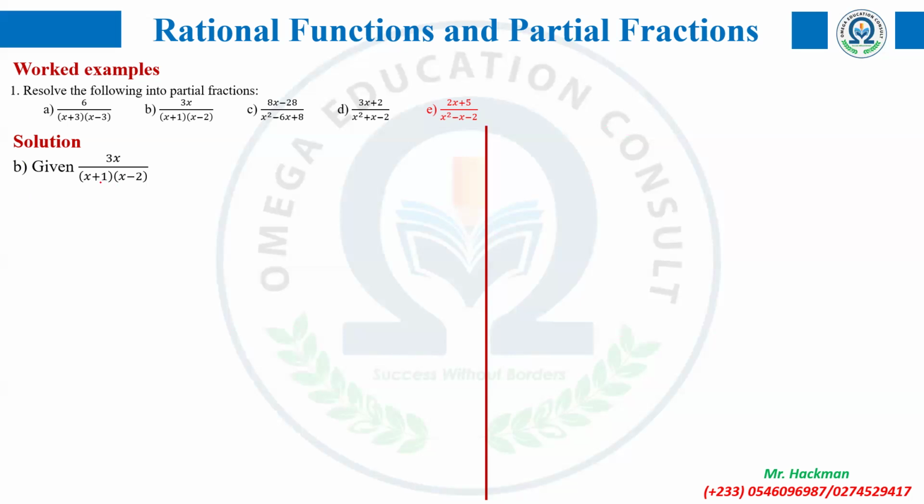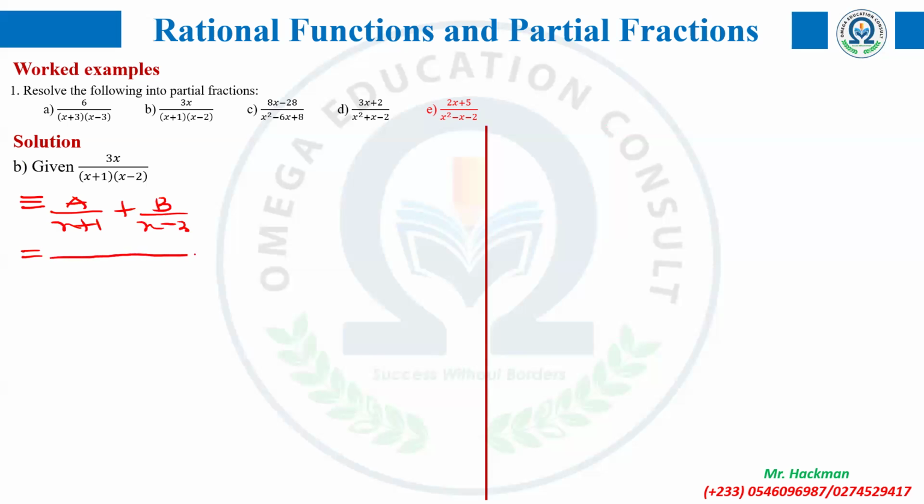All right, so solution, again: degree 1 numerator, degree 2 denominator, so a proper rational function. This is not factorable, so you can write the identity straight away. So this is identical to a over (x plus 1) plus b over (x minus 2). At this point, single fraction all the way.